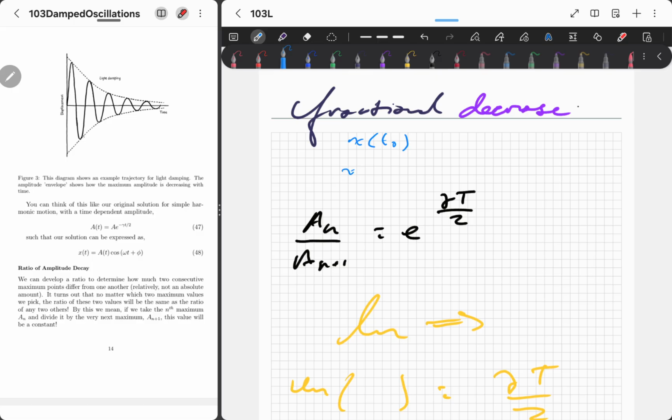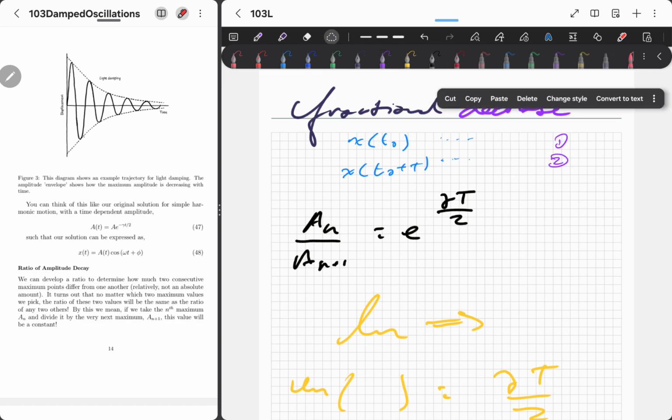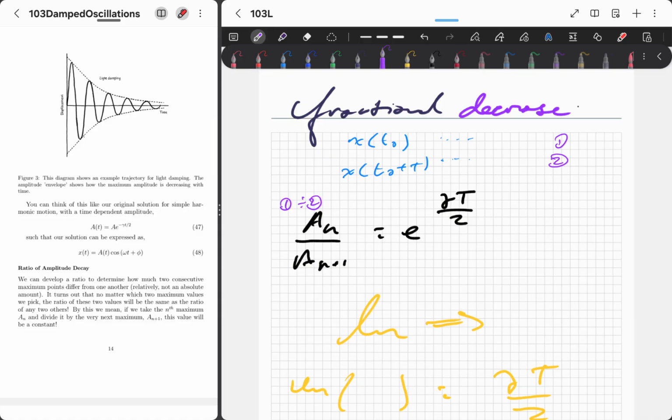That's when the next amplitude is going to happen. When we plug in those time values, we can divide our amplitudes. Any amplitude divided by the next one, you do some math, you get a super simple relationship that is a constant.